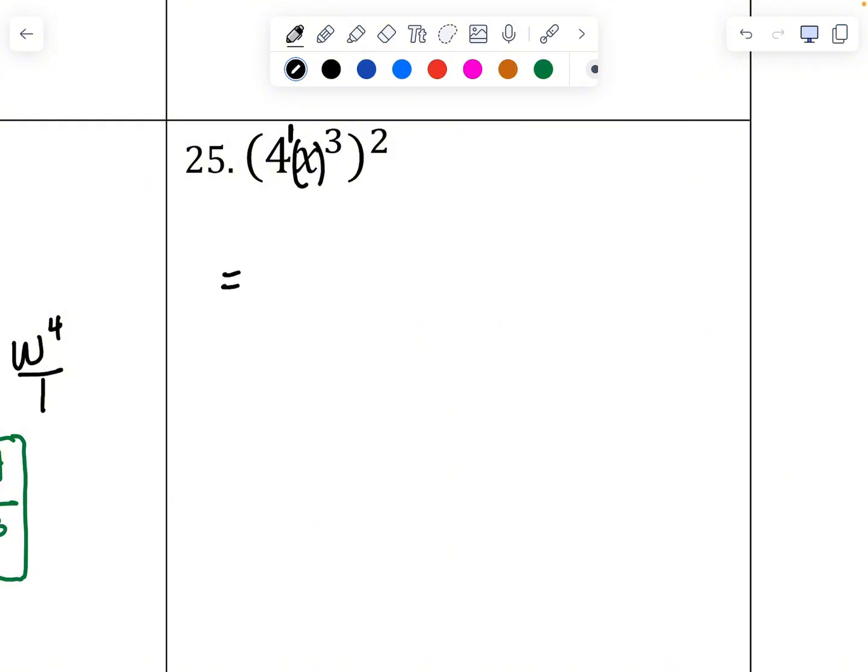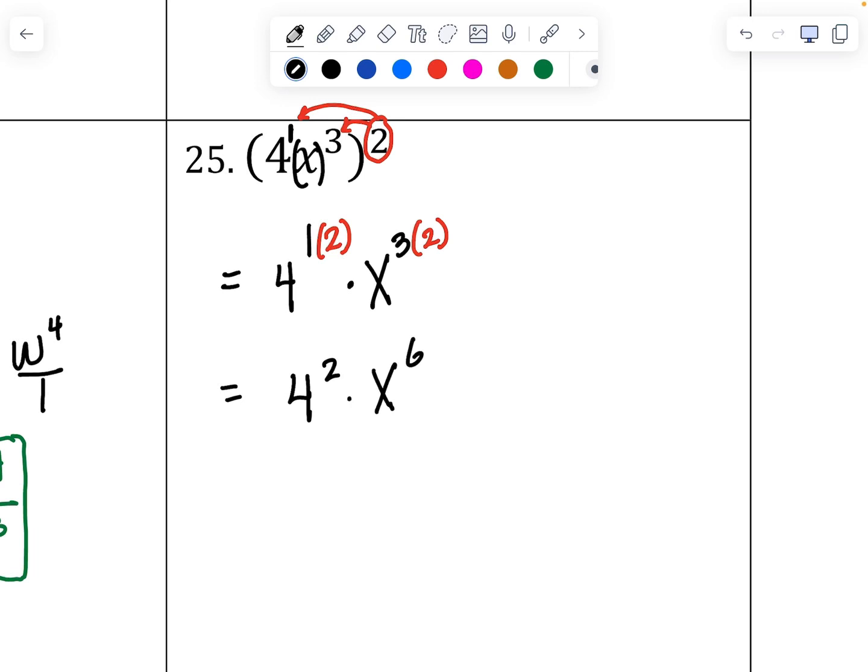The outside exponent gets multiplied to every inside exponent. So that's 4 to the power of 1 times 2 times x to the power of 3 times the outside exponent, which equals 4 squared times x to the power of 6. 4 squared is 16, times x to the power of 6.